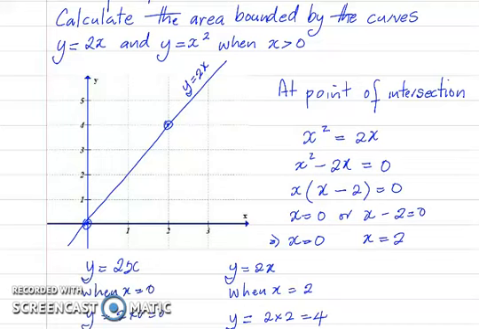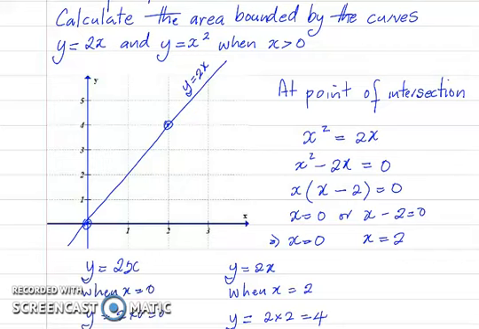Any graph in the form y is equal to mx is a straight line that passes through the origin. M is the gradient. So the gradient of this line is 2, and it is a straight line that passes through the origin.